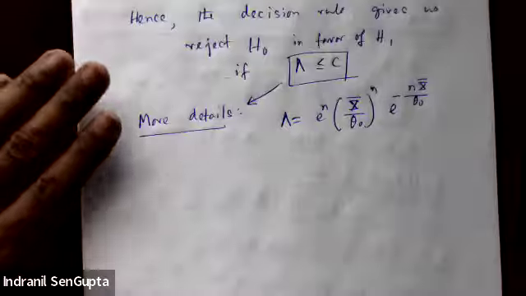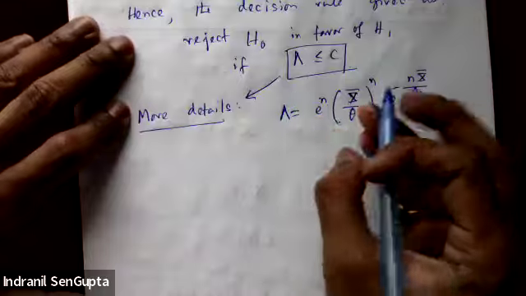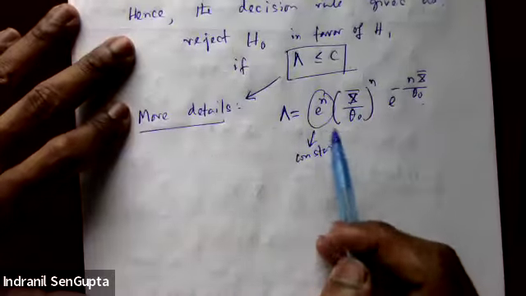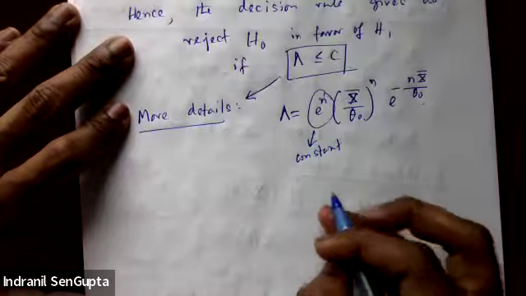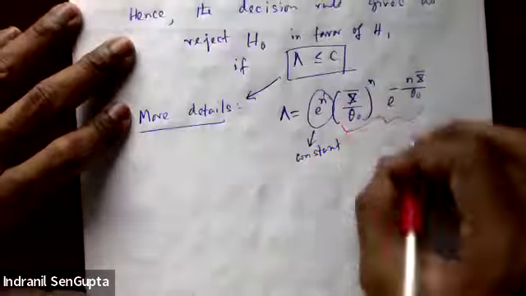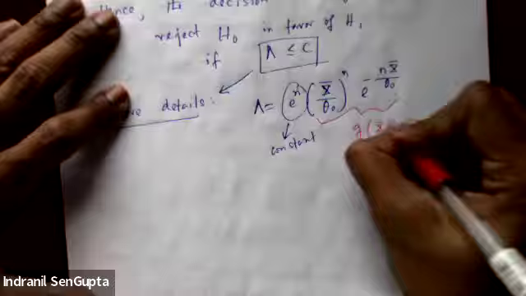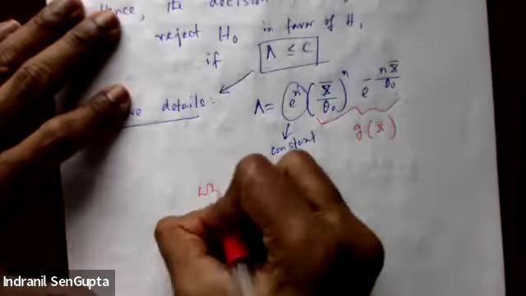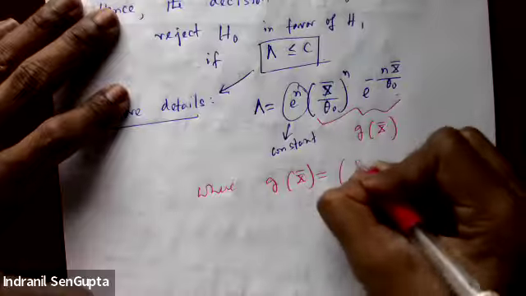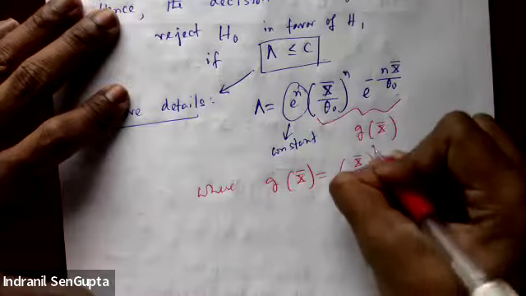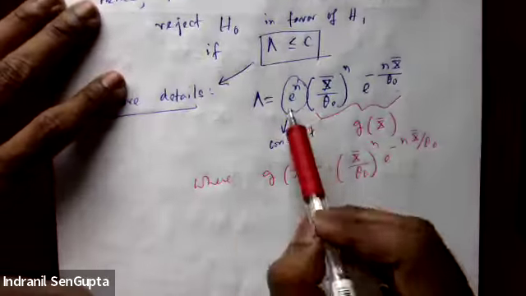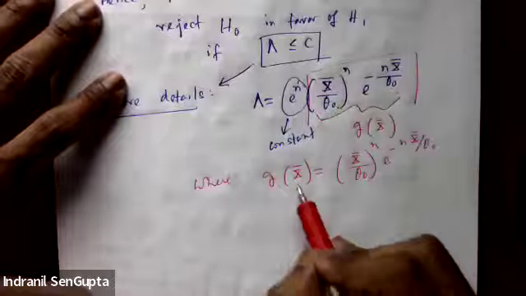Now e is a constant and n is a given number, so I can write this as e to the n times g of x bar, where g of x bar is x bar over theta 0 to the n, e to the minus n x bar over theta 0.